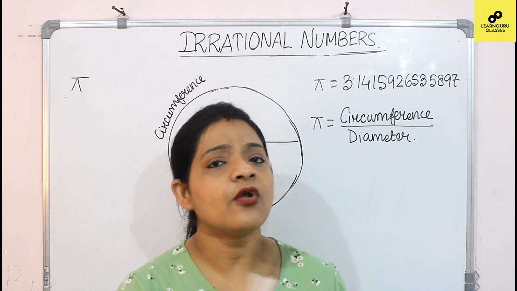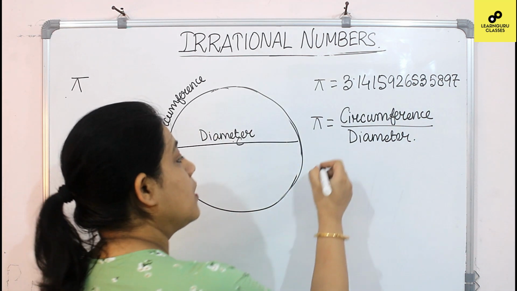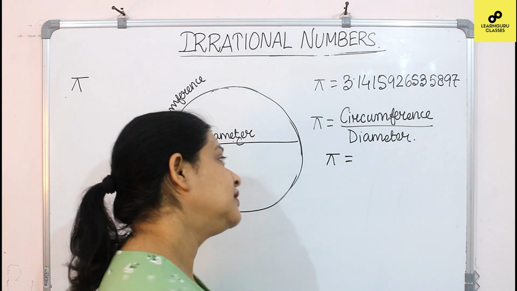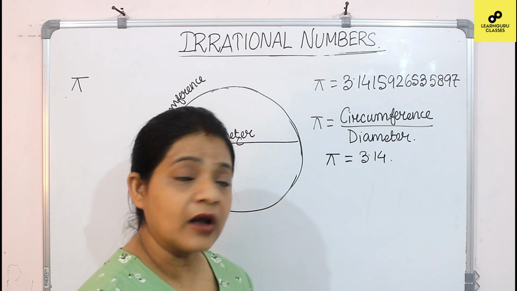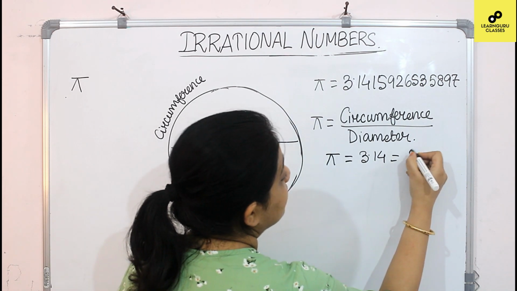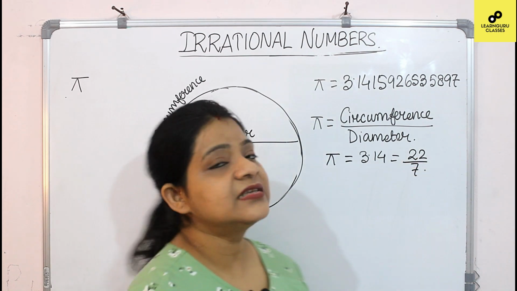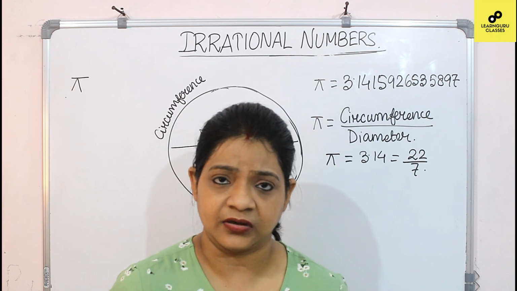But again, you may not agree with me. Why? Because till now, while solving numericals, you have studied that pi can be replaced with the value 3.14, or you can give it as 22/7. 22/7 is a fraction, isn't it?